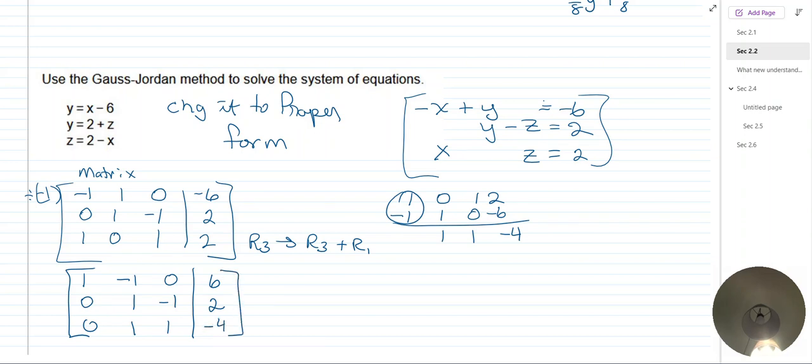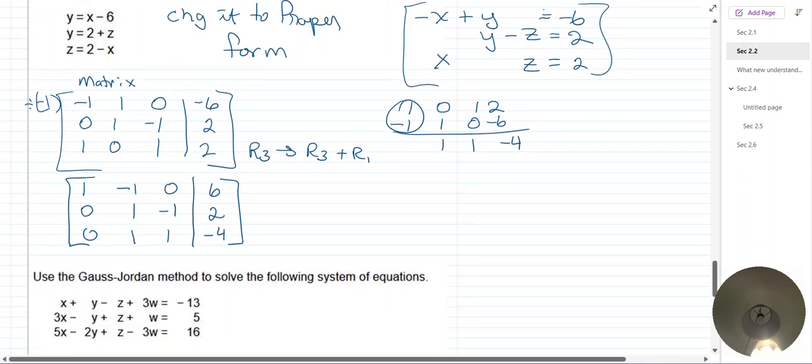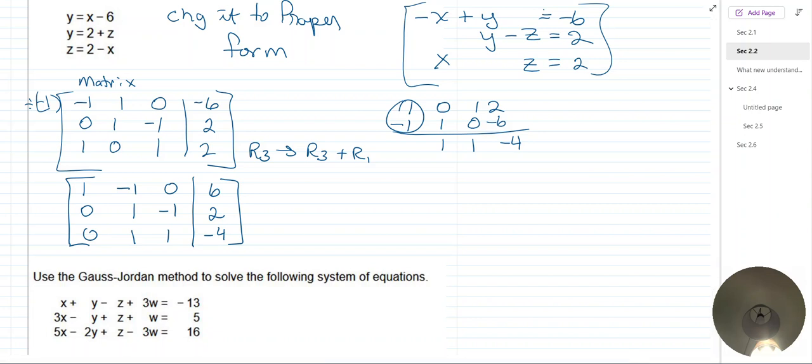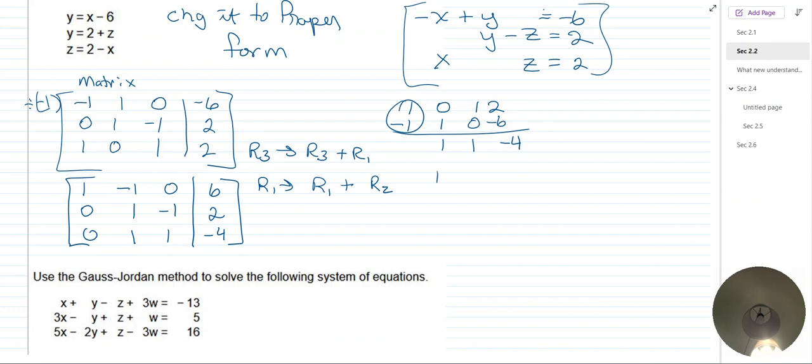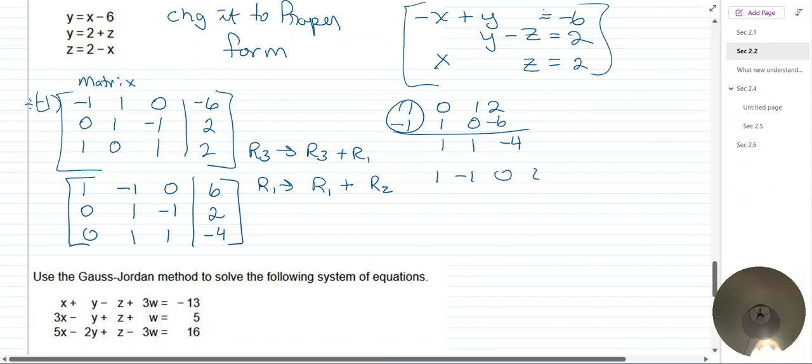All right. So in this case, I'm going to have the use of our calculator now. We're going to use our calculator. Or we can work it out, one or the other. Let's work it out by hand first. So now what I'm going to do is row 1 changes to row 1 plus row 2. Okay, so I have 1, -1, 0, and 6. And I'm going to add the second row, 0, 1, -1, and 2.